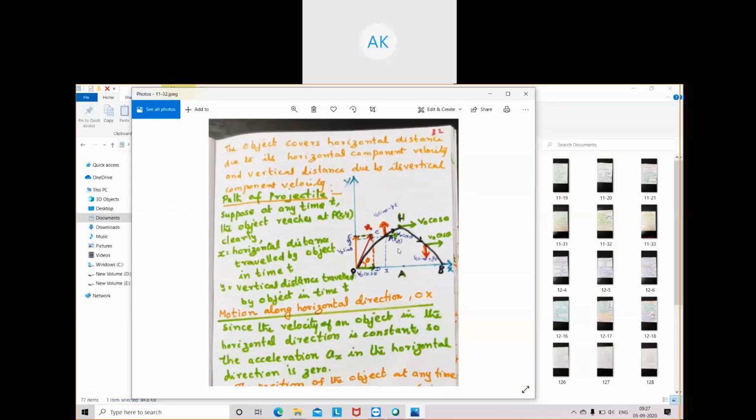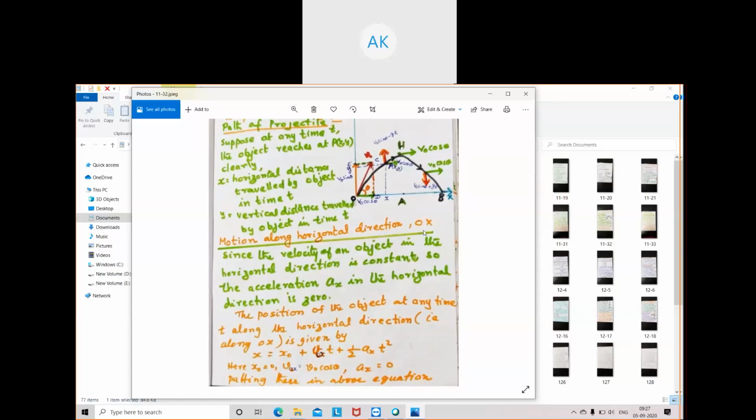Here x is the horizontal distance traveled by the object in time t and y is the vertical distance traveled by the object in time t. First we are considering motion along the horizontal direction OX. I told you along the horizontal direction there is no acceleration. Horizontal velocity remains constant throughout the motion.